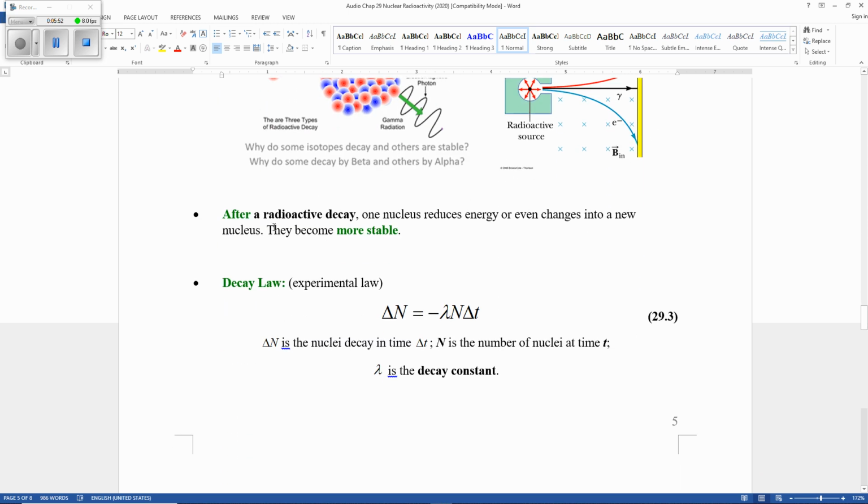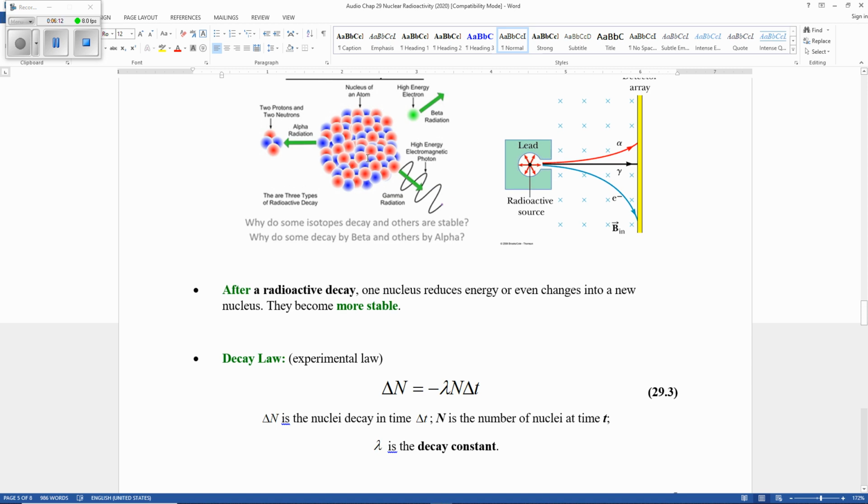After radioactive decay, when the nucleus reduces energy or loses some particles, it becomes more stable. That's why they decay. Of course, when decay happens, usually we have a big sample, not just one nucleus. We have many, many of them, like trillions of them, or even more.